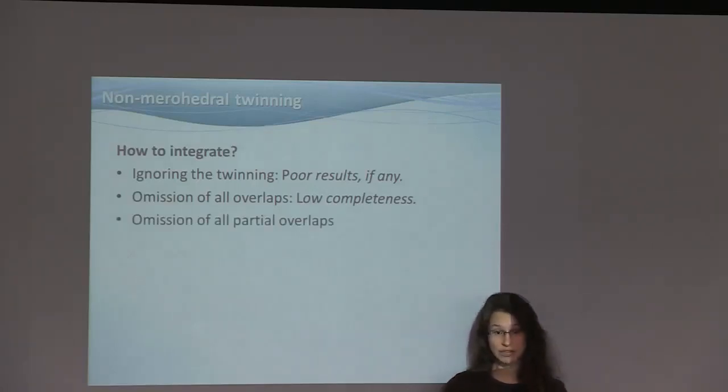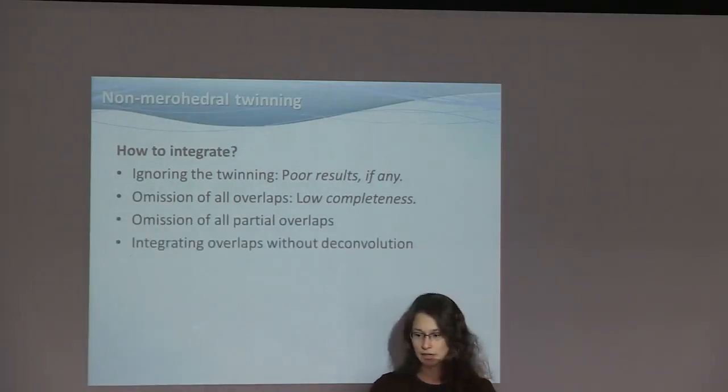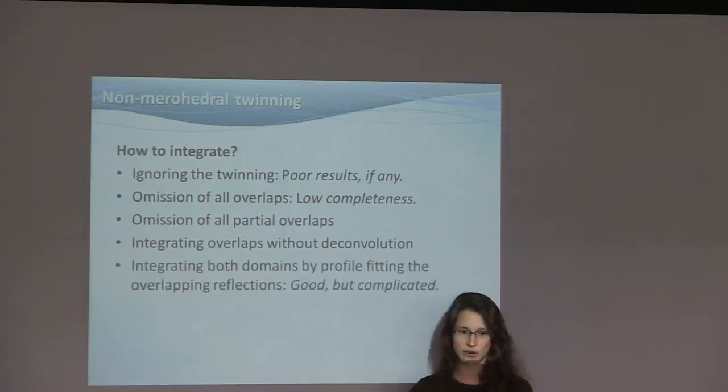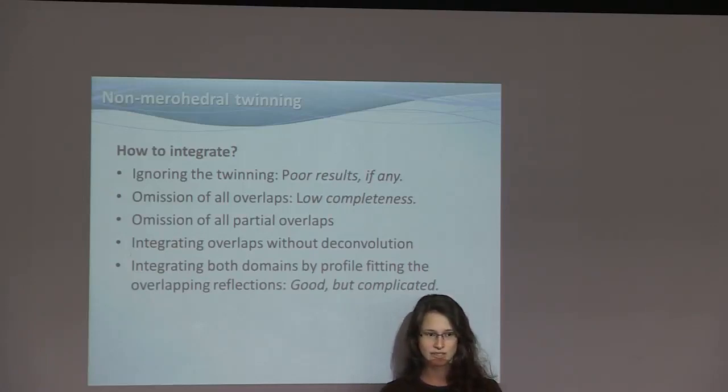You can omit all partial overlaps and just do all the complete overlaps and all the non-overlaps. You can integrate the overlaps, but without deconvolution, just splitting them half-half, and that's what very many programs do. Or you can integrate both domains by profile fitting with the overlapping reflections. Good, but very complicated.